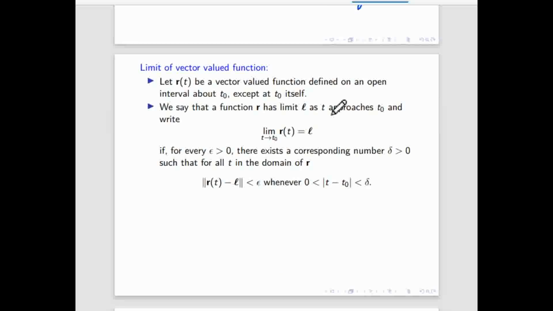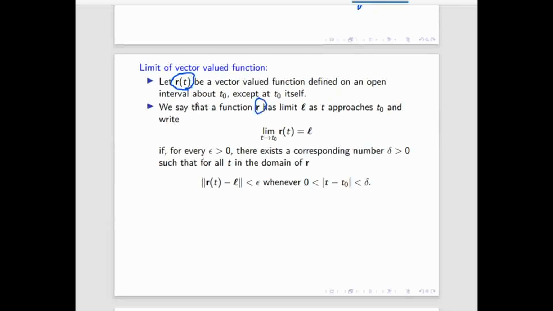Now come to the limit part. If r(t) is a vector valued function, it can be 3 dimensional, 4 dimensional, even n dimensional, and it is defined in the neighborhood of the point t naught except at t naught, then we'll say that L is the limit of this. Whatever I put in bold in the notes means it is a vector.